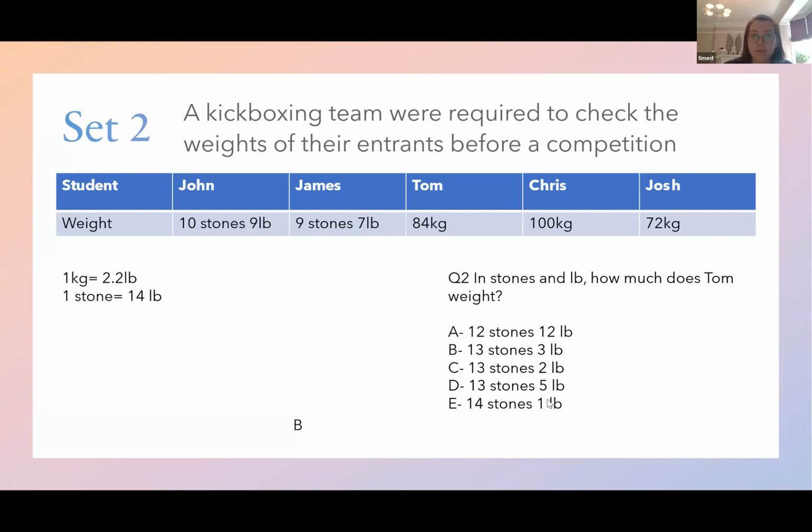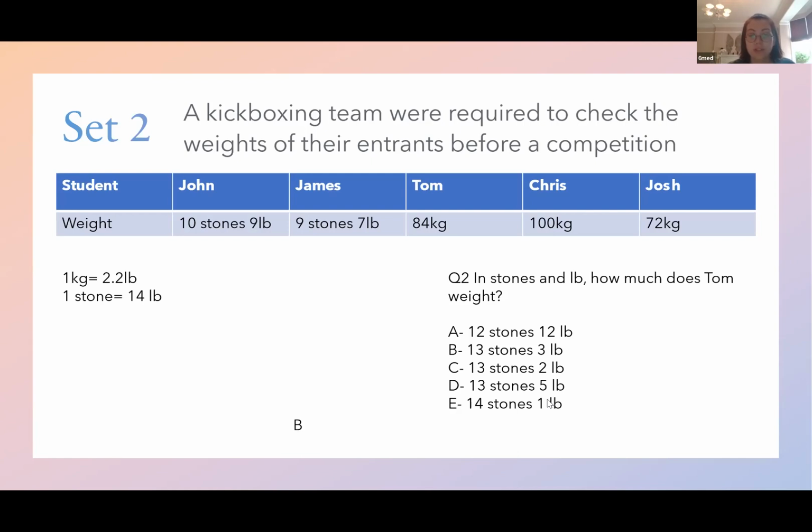But if you have a decimal point, then 0.2 of a stone doesn't mean £2 because there's 14 pounds in a stone. So you're then trying to figure out what 0.2 of 14 is, or you can just figure out how many are left over after you've taken the 13 stone out. I hope that started to make a little bit more sense. I've seen some people are now starting to understand it.